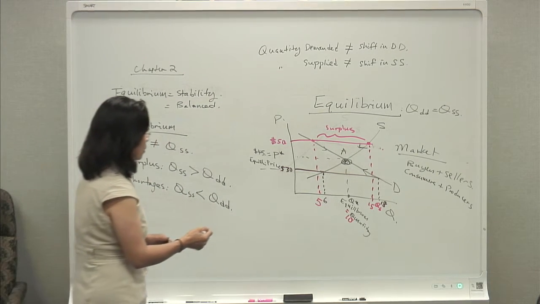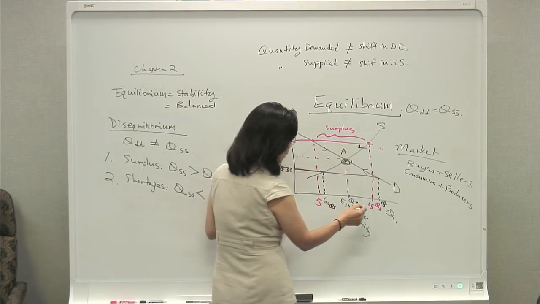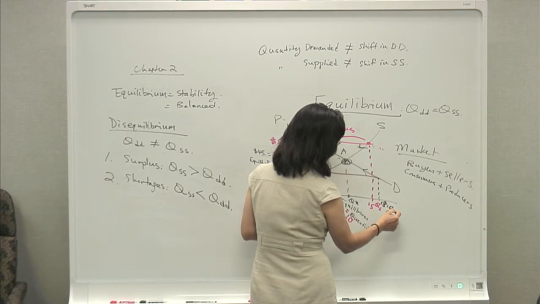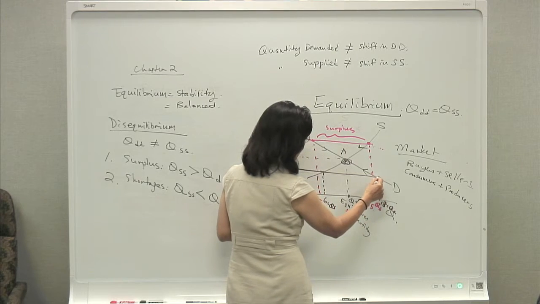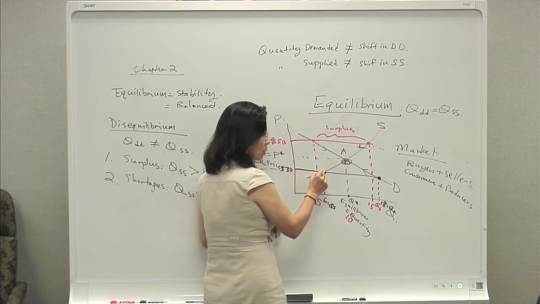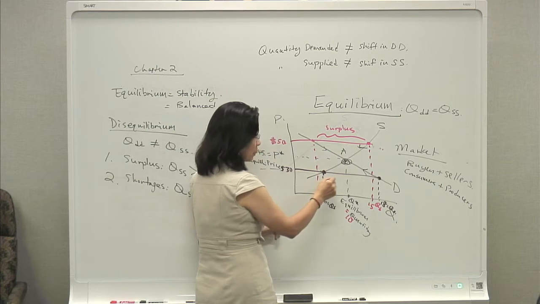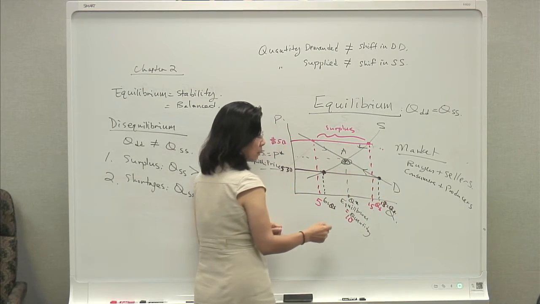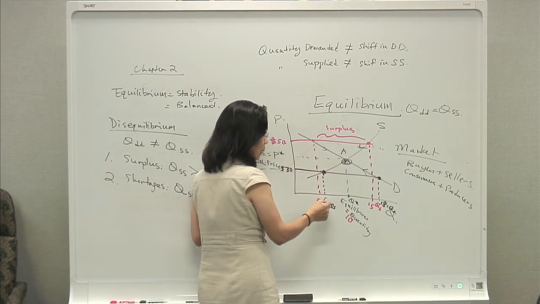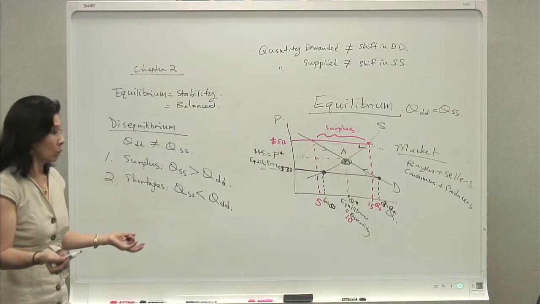So quantity supplied is at 6, but the quantity demanded is at 18. Again, you look at where the $30 line touches the demand curve and the supply curve. Where it touches the demand curve is quantity demanded. So now people want 18 units of the book, but you only have 6 units of quantity supplied to go around. So you have shortages.